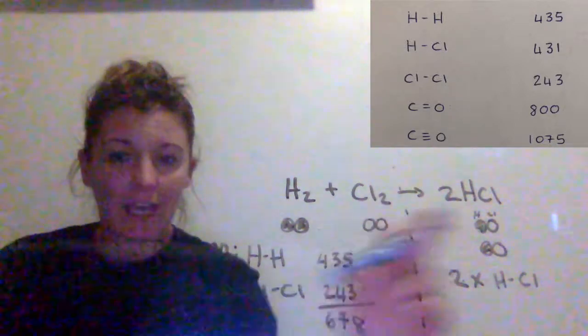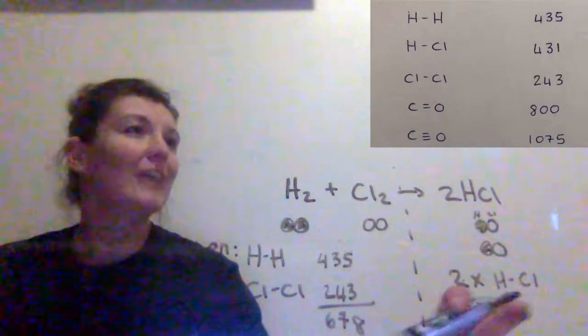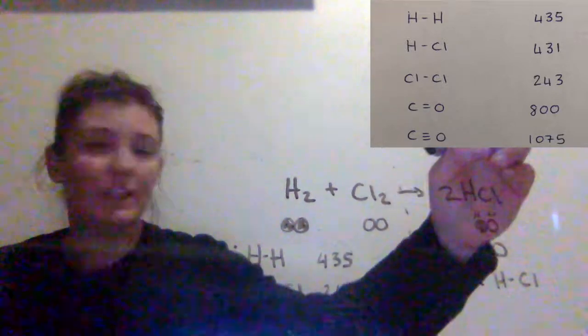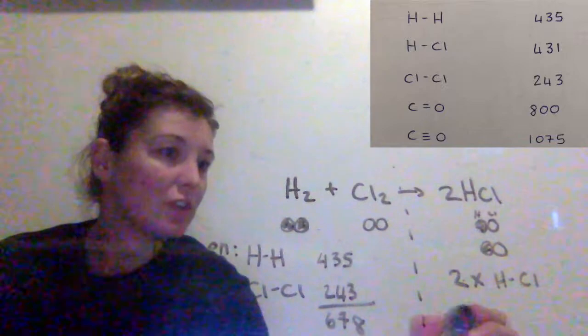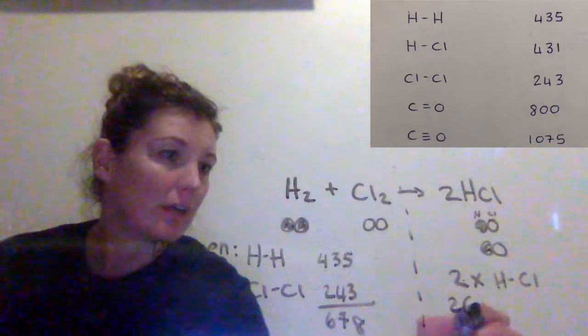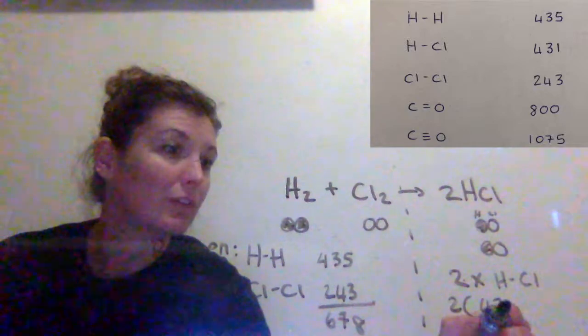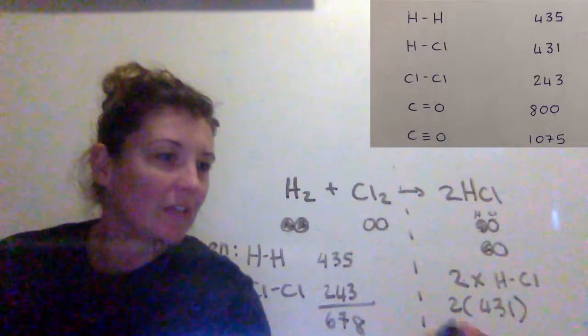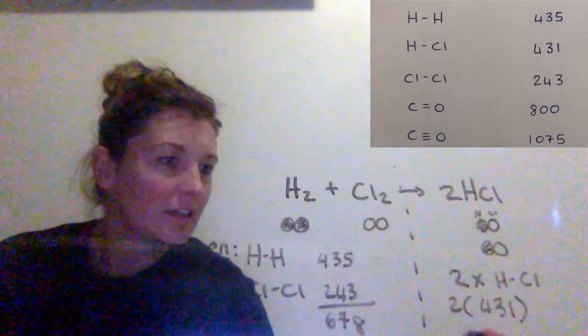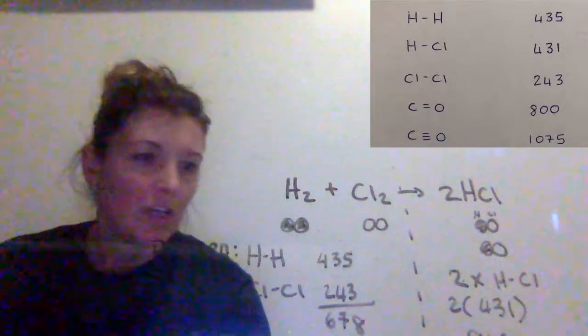When we look at this one, an HCl bond is 431, but there's two of them, so we're going to multiply it by 2, and that is going to be 862. Right.